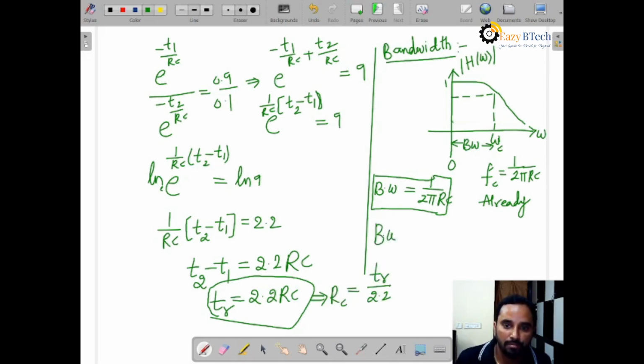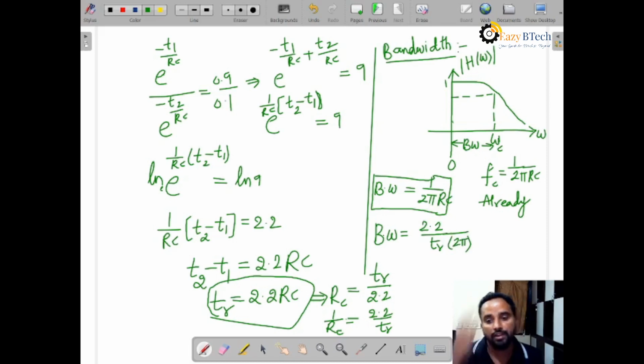Now bandwidth will become 1 by 2 pi RC. What is 1 by RC? It is 2.2 by rise time. So bandwidth is 2.2 by rise time, and again we have 1 by 2 pi.